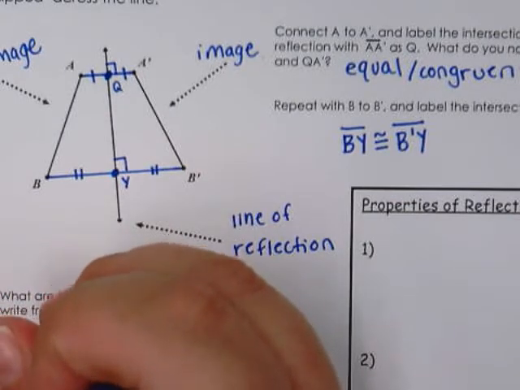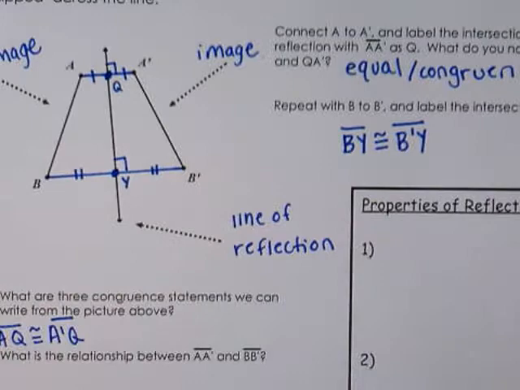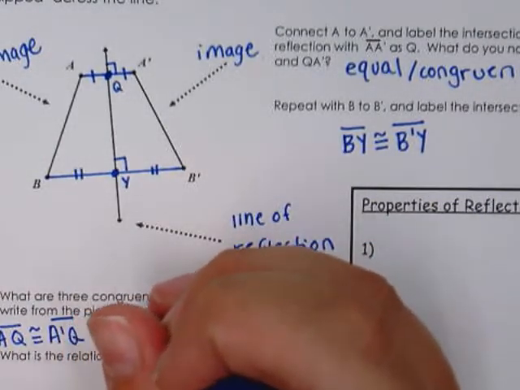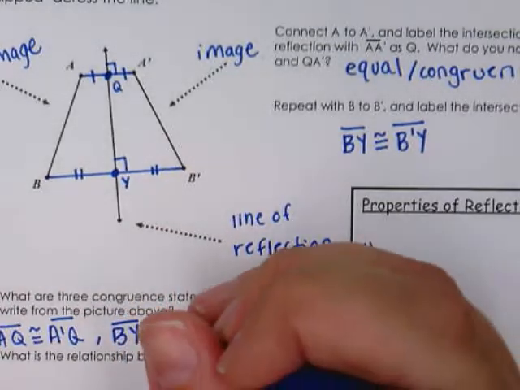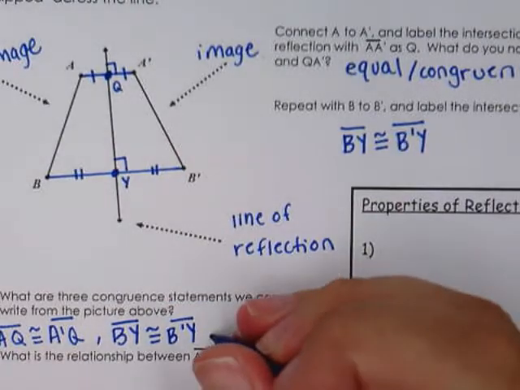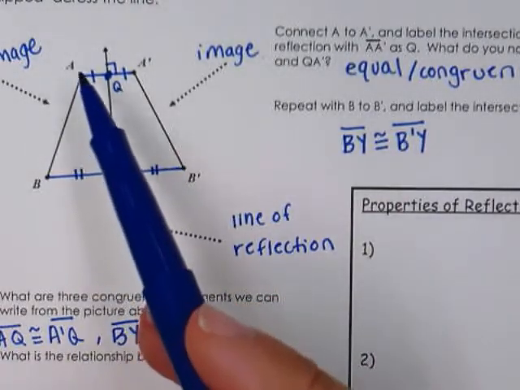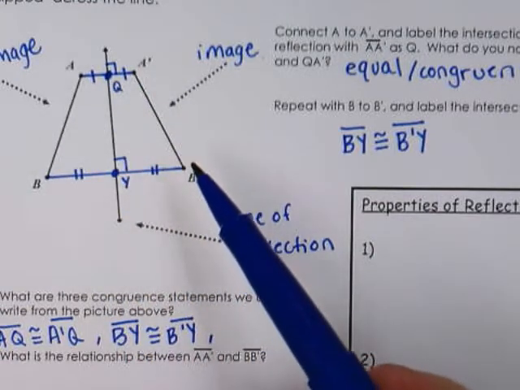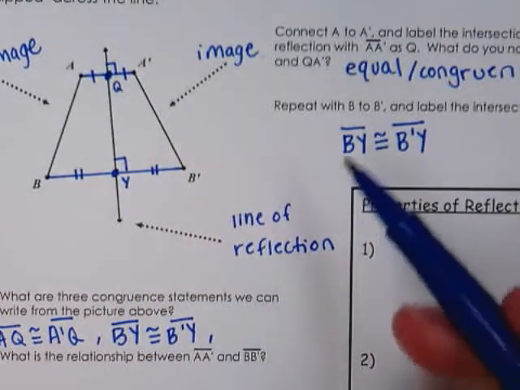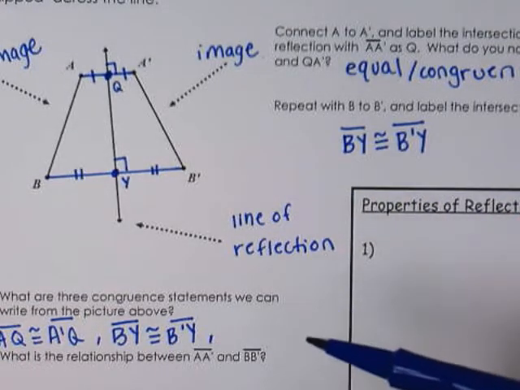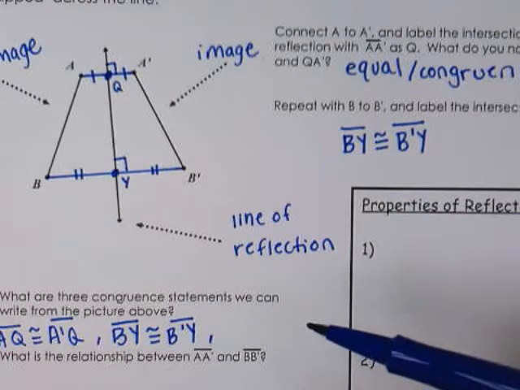AQ is congruent to A prime Q. We wrote one here in that second question about BY, line segment being congruent to B prime Y. And we also have two lines, so line AB is our pre-image and A prime B prime is the image, and those two are congruent as well because this is a rigid transformation, and with rigid transformations they never change the size, only the location.